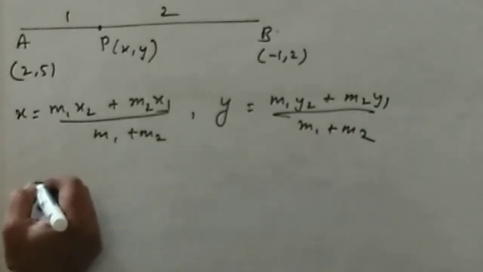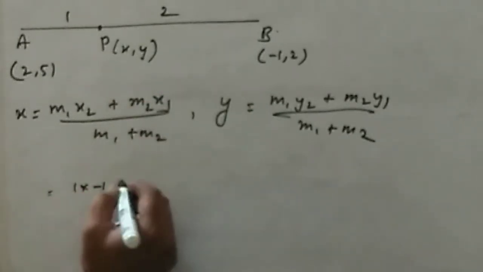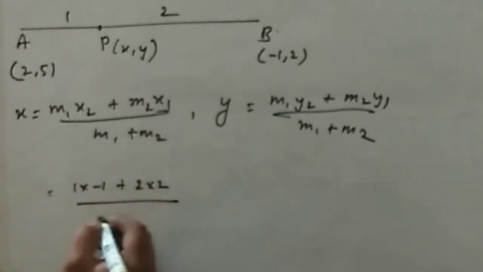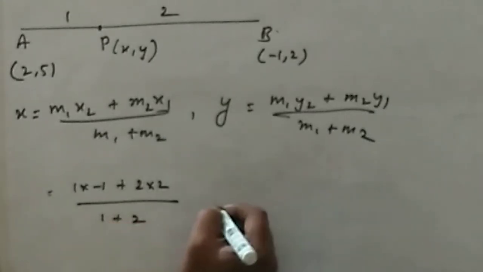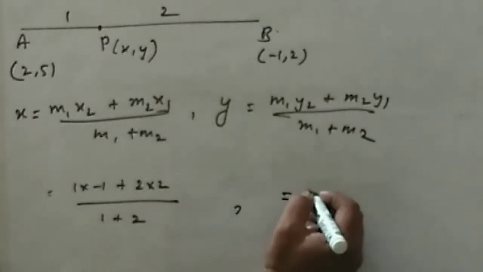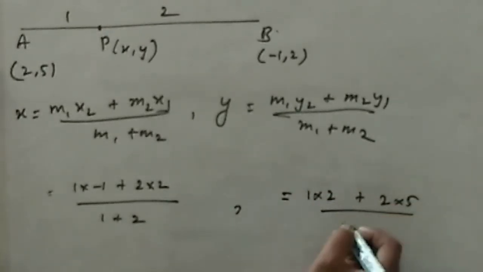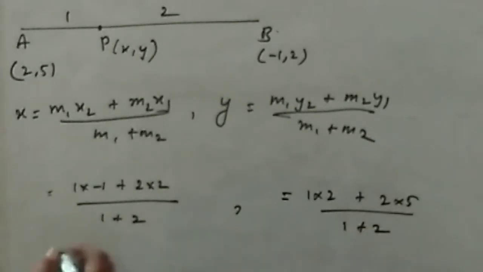Okay. Now, multiply 1 into -1 plus 2 into 2 upon 1 plus 2. Same way, here you will get 1 into 2 plus 2 into 5 upon 1 plus 2.